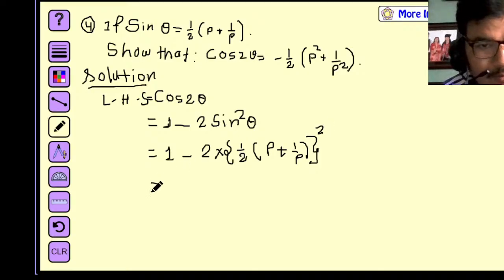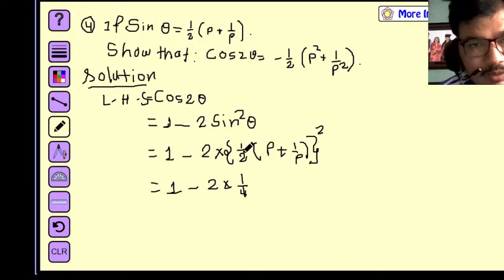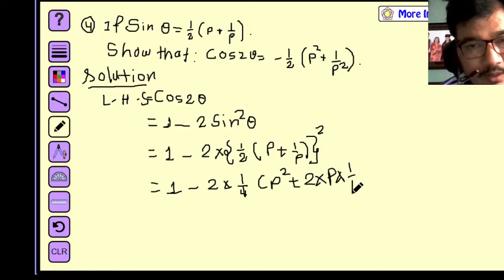Then what happens, look here children, 1 minus, if you open that bracket, there will be 1 by 4, because this is the square of 1 by 2. And for its square, a plus b whole square means a square plus 2 into a, which is p here, and b, which is 1 by p, and plus b square, that is 1 by p square, and put this inside the bracket.